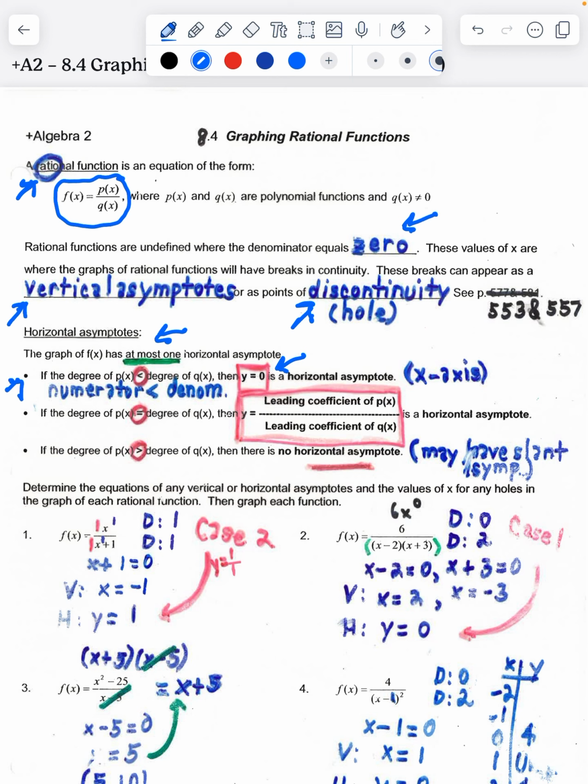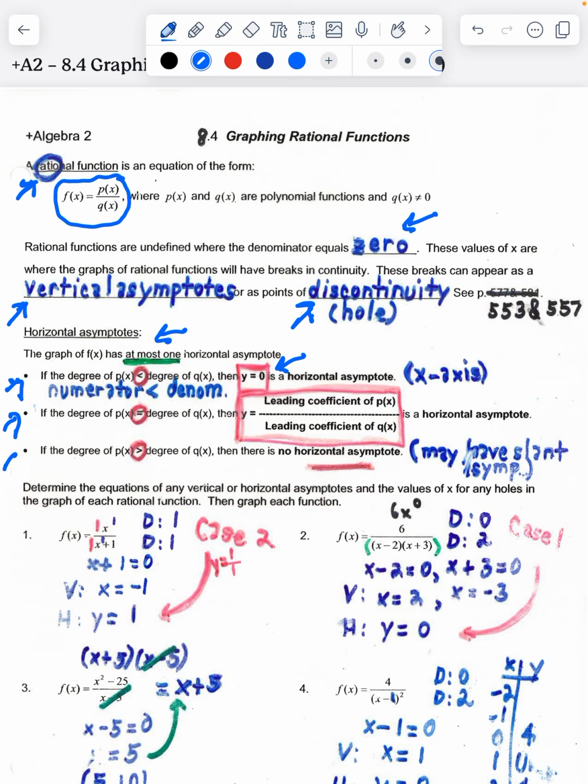The second bullet says if the degree of the numerator, p of x, equals the degree of the denominator, q of x, then y equals the ratio of the leading coefficient of the numerator over the leading coefficient of the denominator. I'll show you in an example below what that looks like.